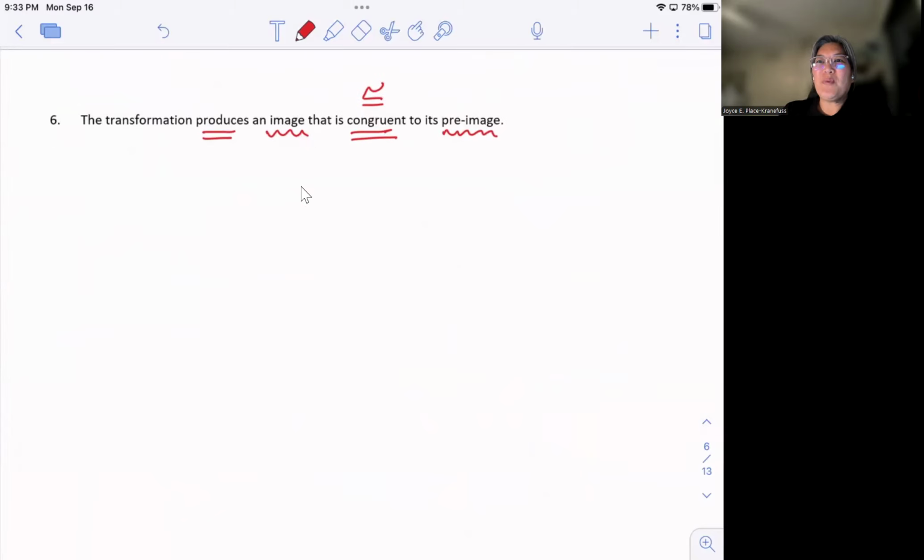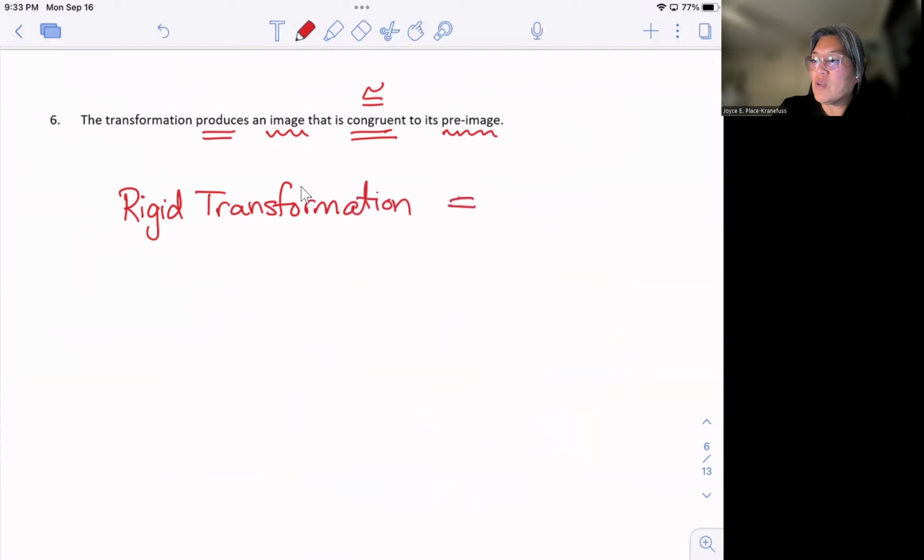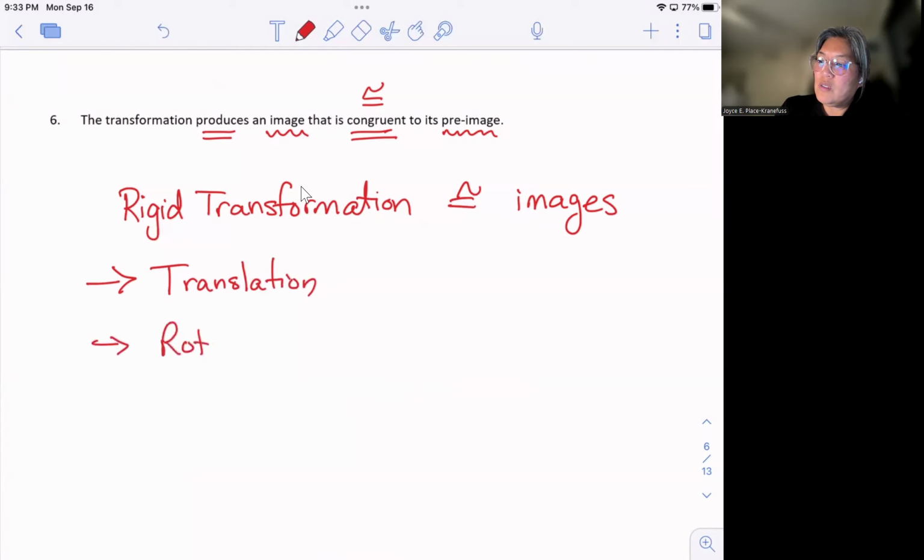So the big idea with these transformations is that all of these rigid transformations produce congruent images. So that means there are three answers: translation, rotation, and reflection. Every single one of them will produce an image that is congruent to its pre-image.